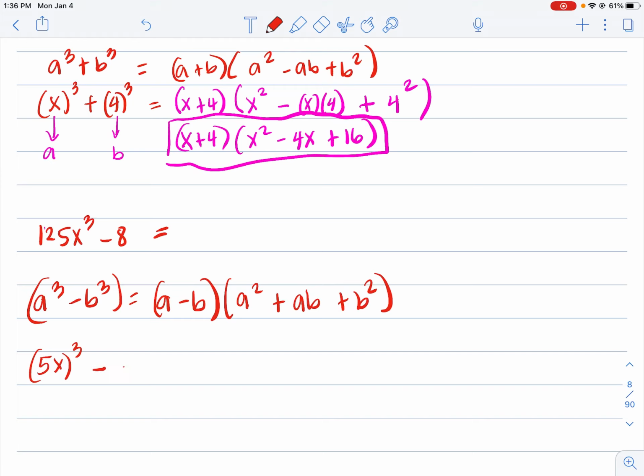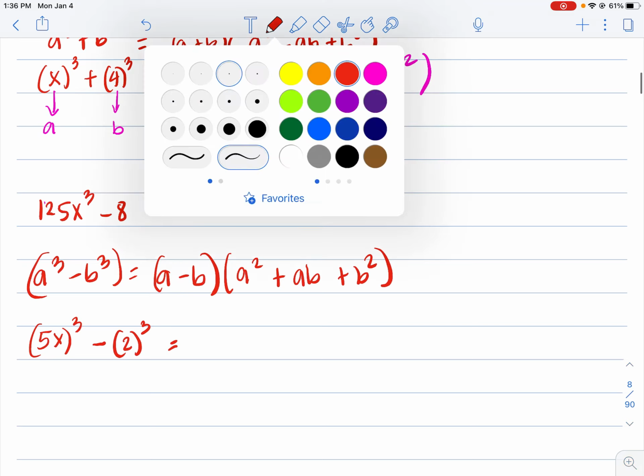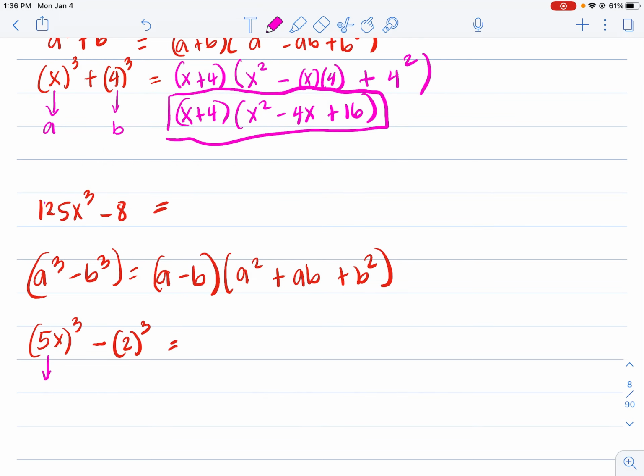The 8 will be 2 cubed, because 2 times 2 times 2 will give you an 8. Okay? Now, this is our A and that is our B. So every time we see an A, we will change that into a 5x. Every time we see a B, we will change that into the number 2.